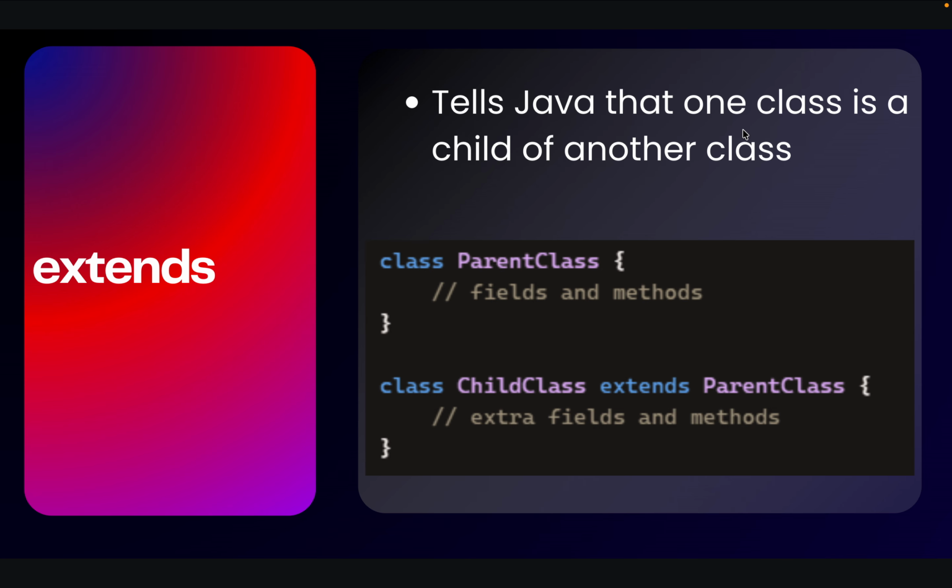That would be our first class that we created, that has fields and methods within it for a specific object. Now if you take a look at the class ChildClass, after we name the class, we have that keyword extends. Extends goes after the class that you're creating, and then you put the class that you are inheriting from, the parent class, after extends. It's basically saying this child class is going to be an extension, or an inheritance, of this parent class.